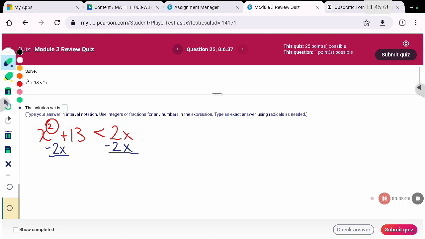So now I've got x squared minus 2x plus 13. It wants to know where that is less than 0. So my A, B, and C that I'm going to put in my quad calculator are 1, negative 2, and positive 13.